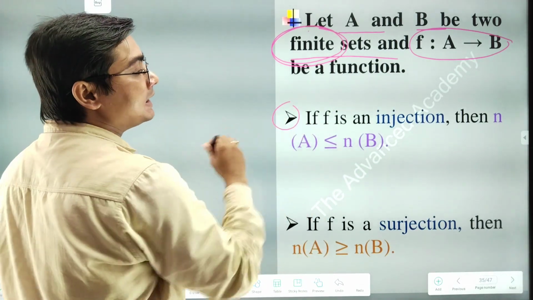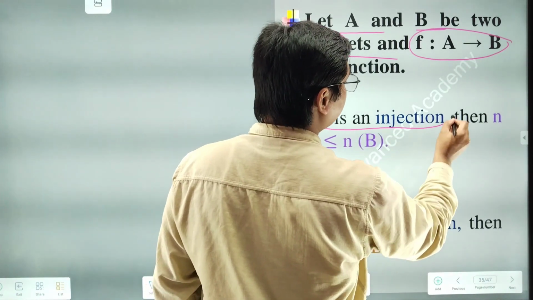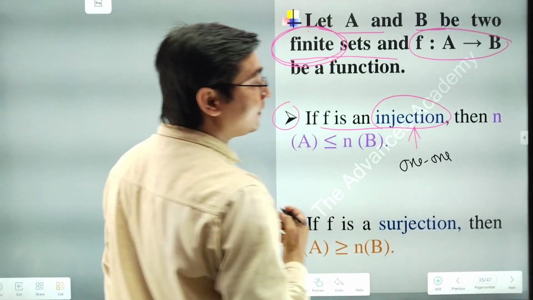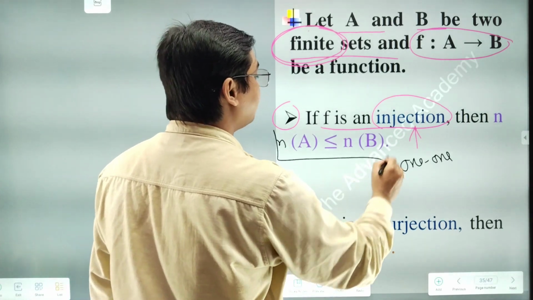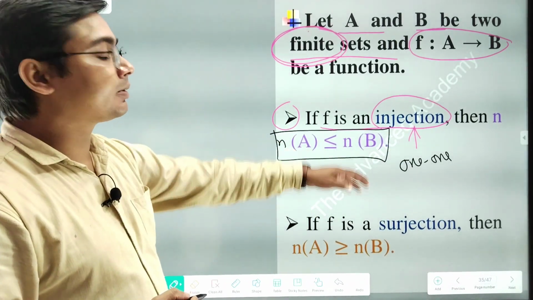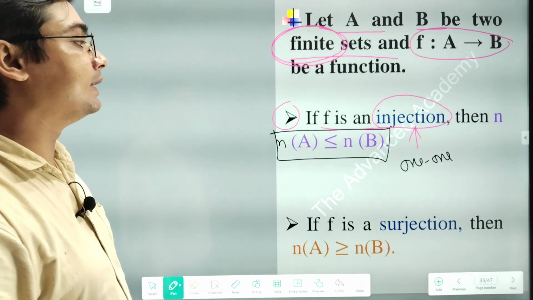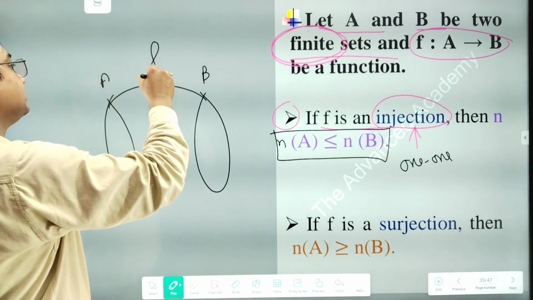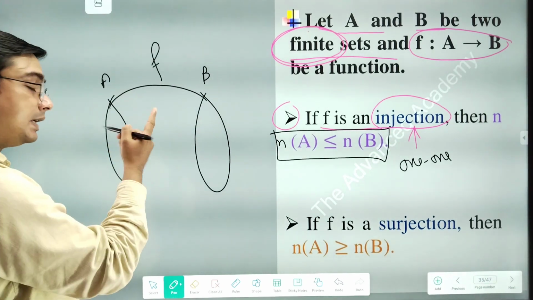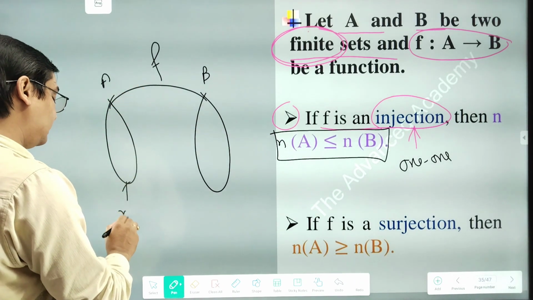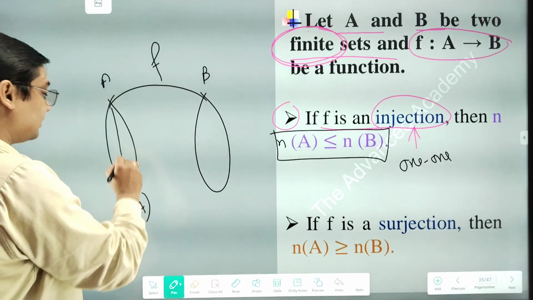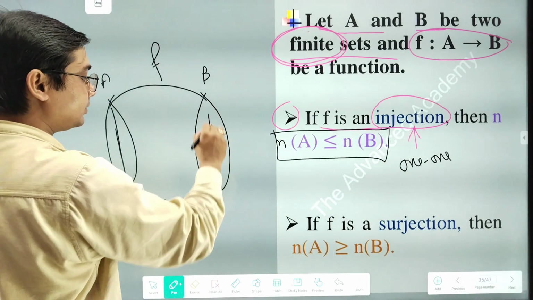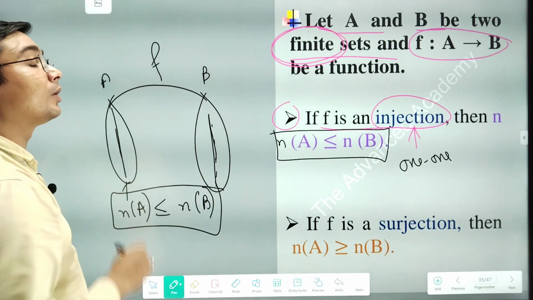Then this happens: if f is injective or one-one, then the number of elements in A is less than or equal to the number of elements in B. So if this function is one-one, then the number of elements in A will always be less than or equal to the number of elements in B.